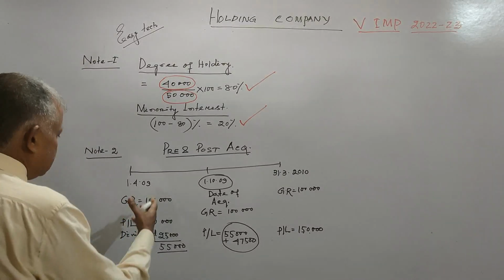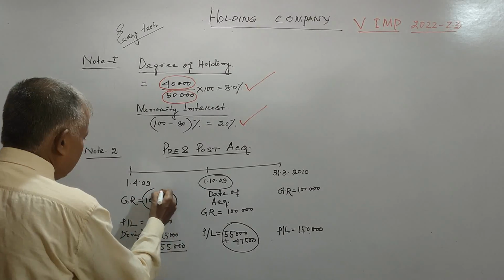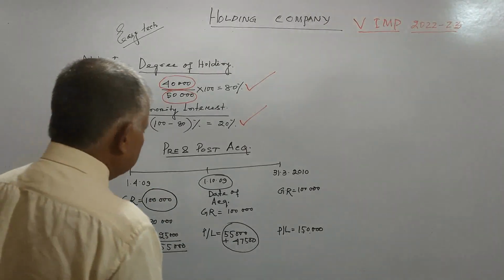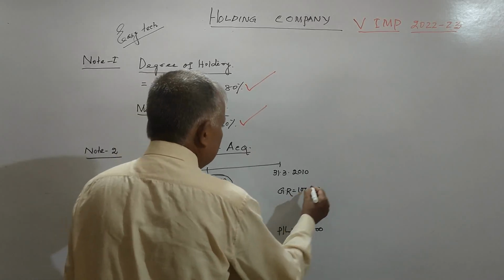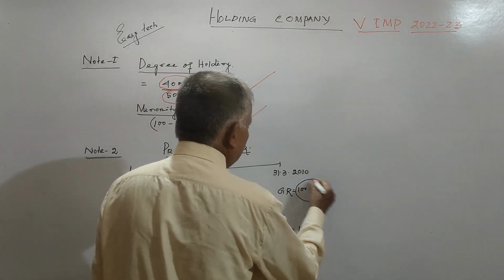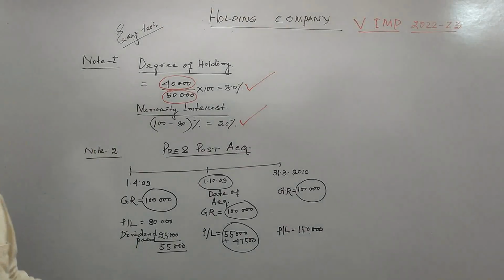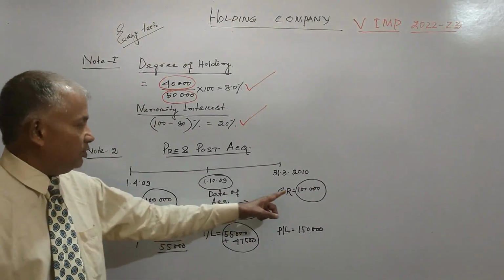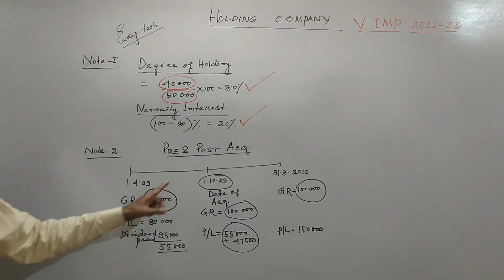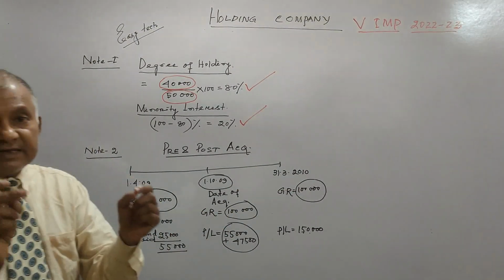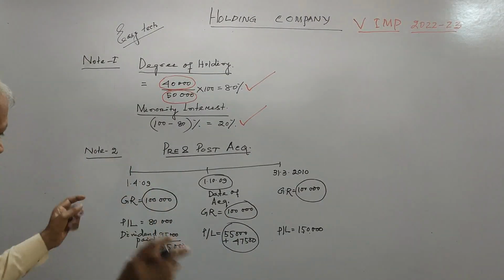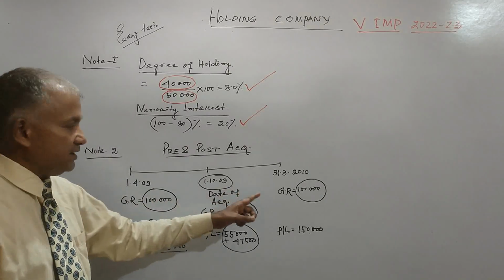So general reserve was 1 lakh at the beginning. As on the date of acquisition also it is 1 lakh, and closing also 1 lakh. So there is no change in general reserve.